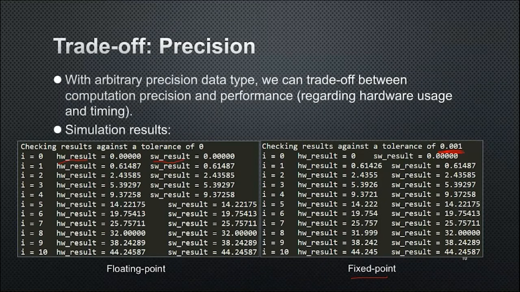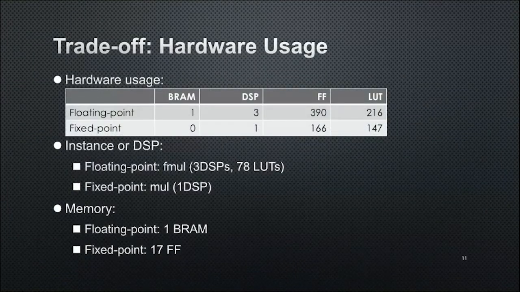Next is about the hardware usage. The table shows the overall hardware usage for the floating point design and fixed point design. You can see that the floating point design needs more hardware. Particularly, to perform the floating point multiplication, it needs an instance FMUL, which needs 3 DSPs and 78 lookup tables.